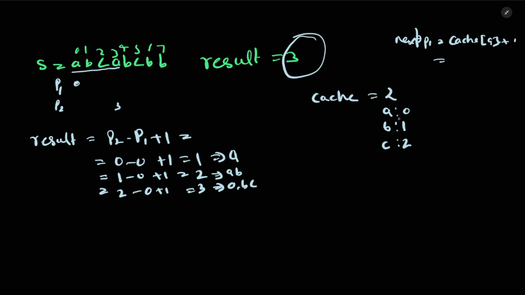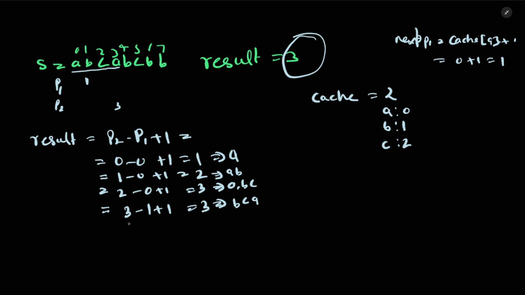Here you can see the index was 0, so 0 plus 1 is 1. So the next position of p1 is going to be at index 1, and now we can calculate the result: 3 minus 1 plus 1, which gives us 3, and the substring will be bca.